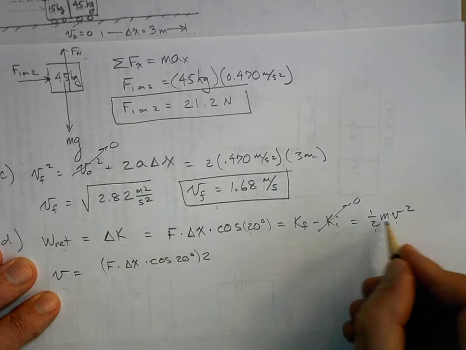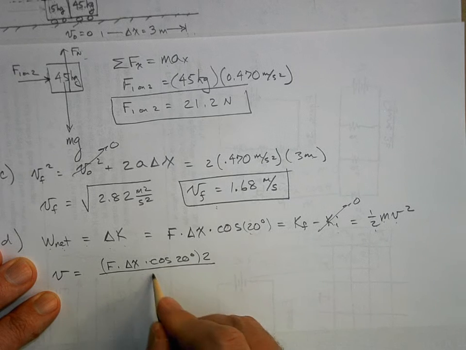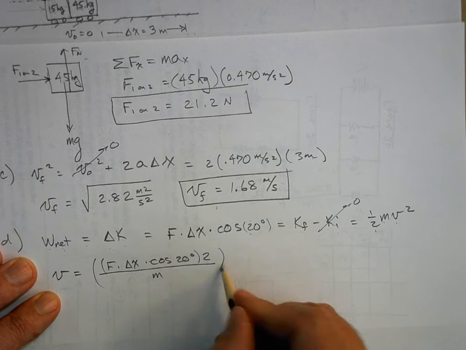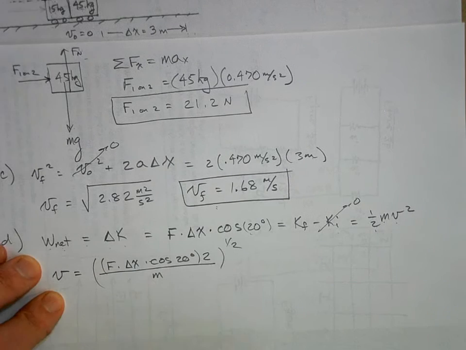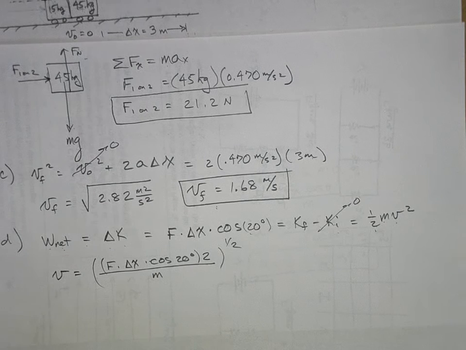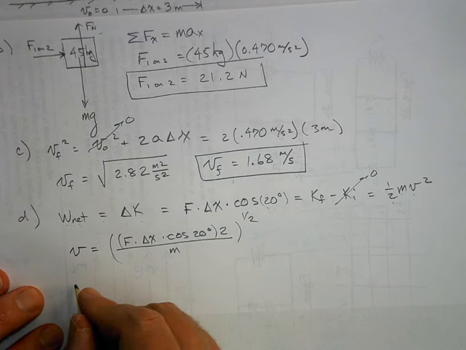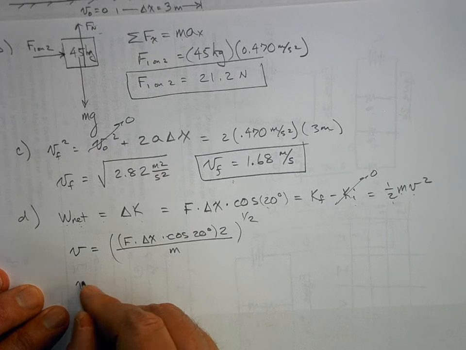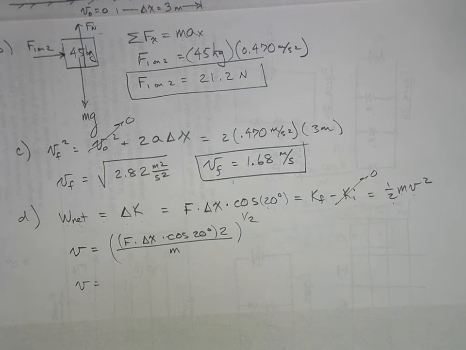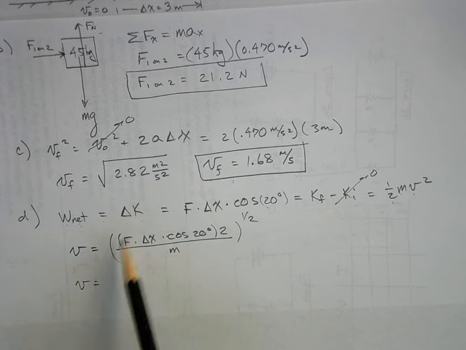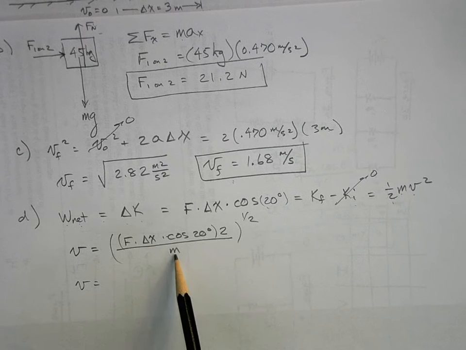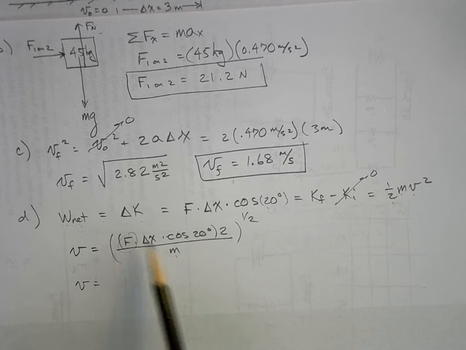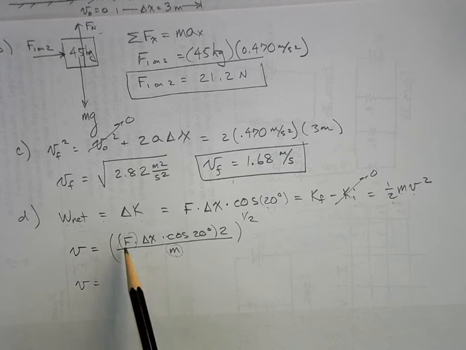Times 2, divide by the mass. And then I'm going to take the square root, or raise it to the 1/2 power. So now I can just plug in values. But notice what we've got in here. I take the force and I divide by the mass. What is the force divided by the mass?